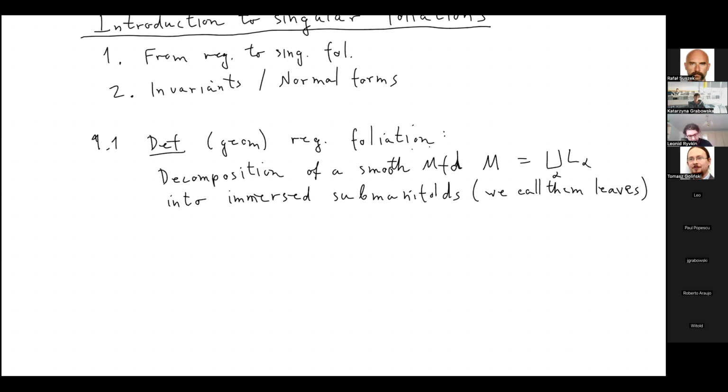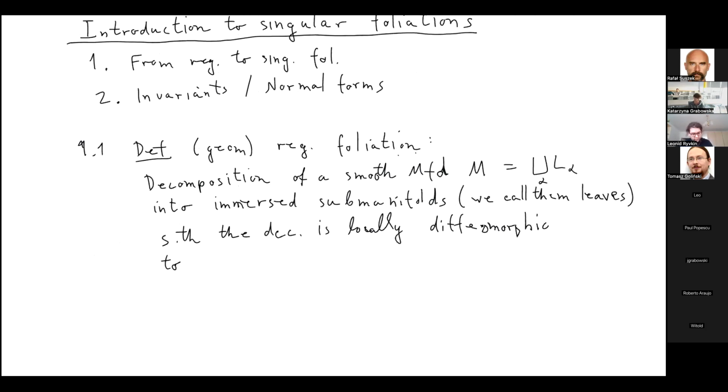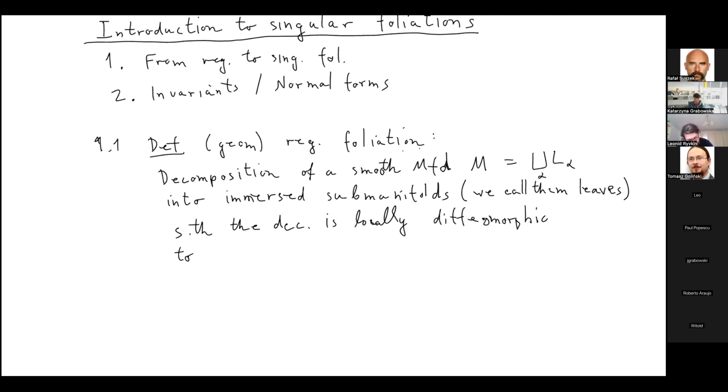So we want additionally that the decomposition is locally diffeomorphic to Rn being decomposed as a layering of Rk's, and the parameter space of the leaves is then exactly the codimension.